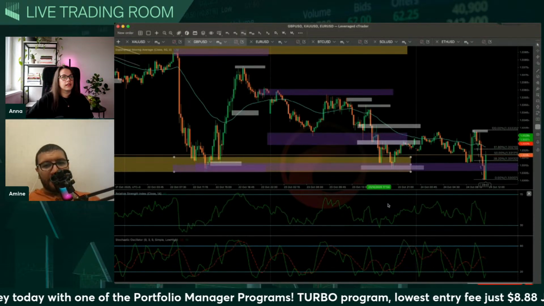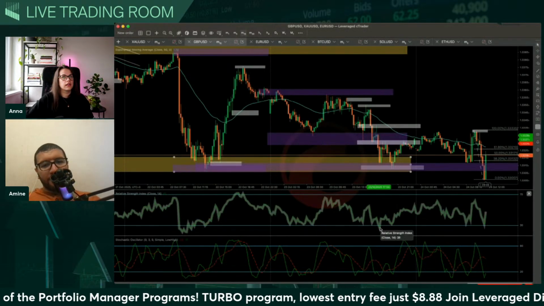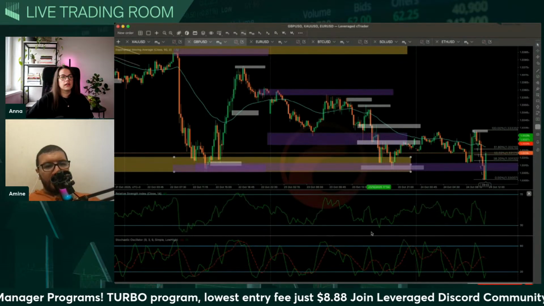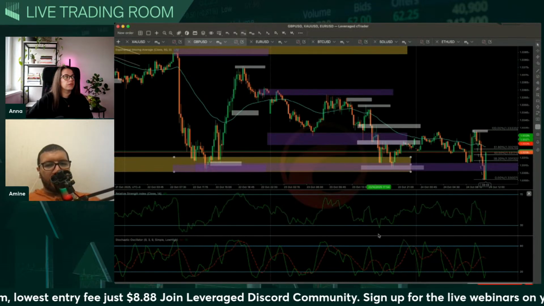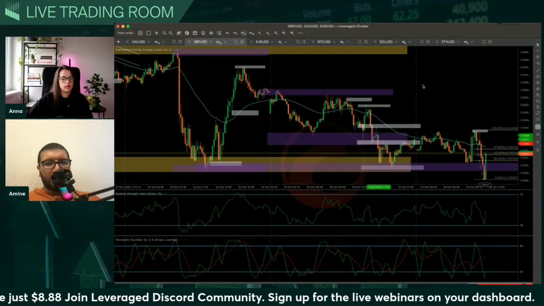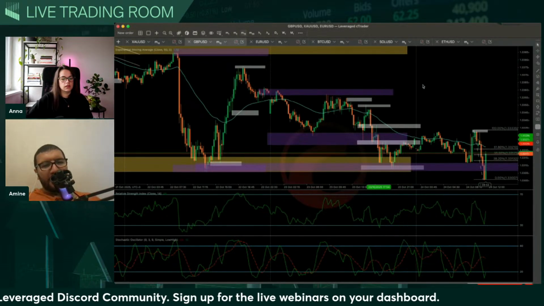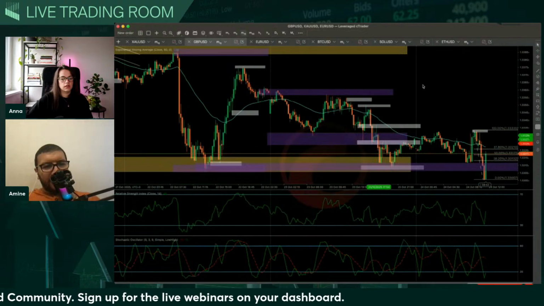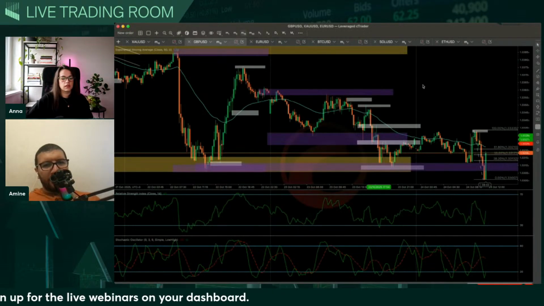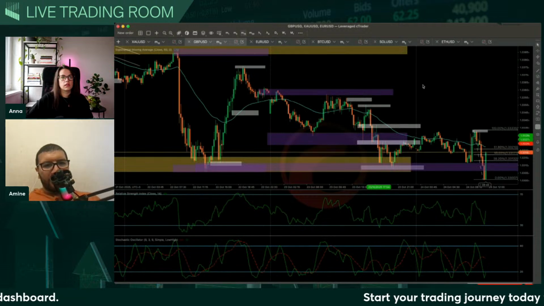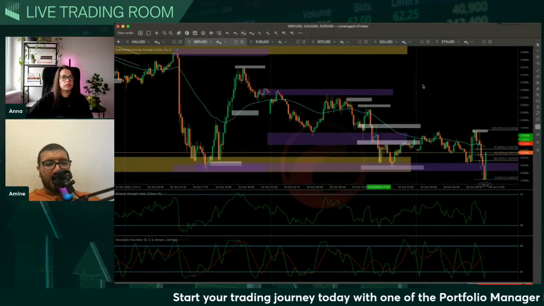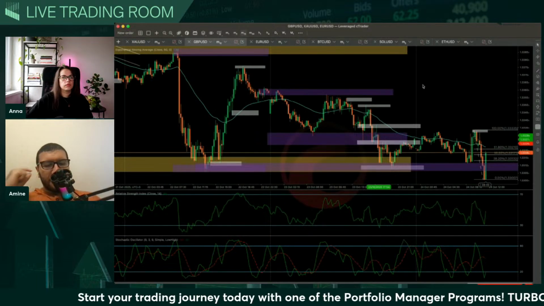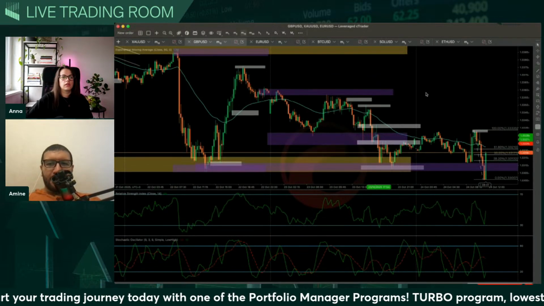Sometimes, even if I don't have good stochastics and RSI confirmation, I go for the trade, because I have a Fibonacci level, a nice hammer rejection on the 50 EMA, and also a recent level. All this is enough for me. But if I don't have all this, I may check RSI and stochastics. Okay, makes sense.